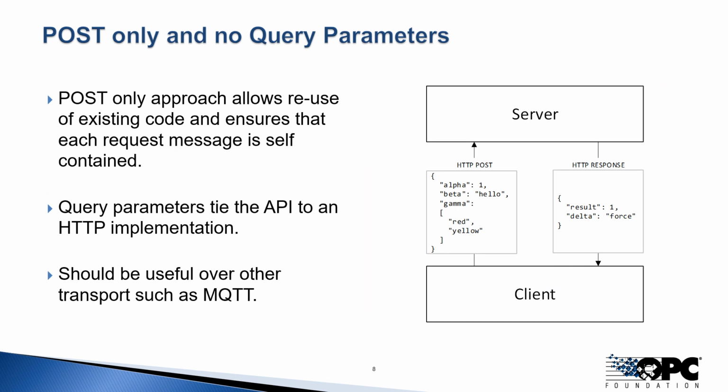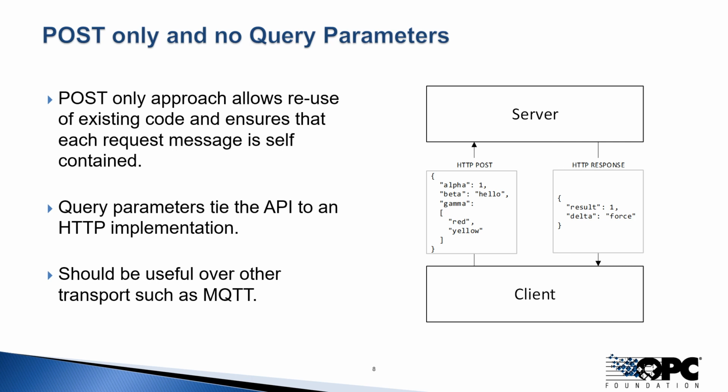We are also limiting the definition for our RESTful APIs to POST, and we're not going to be using any query parameters. This allows us to reuse the existing code and be consistent with what we already have in the specification, and also eliminates the need to tie our definition of our API to HTTP specifically.